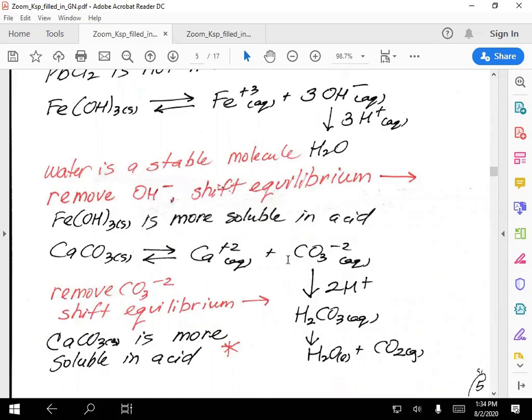So if we make a stable molecule, then we have no equilibrium between hydroxide and water.